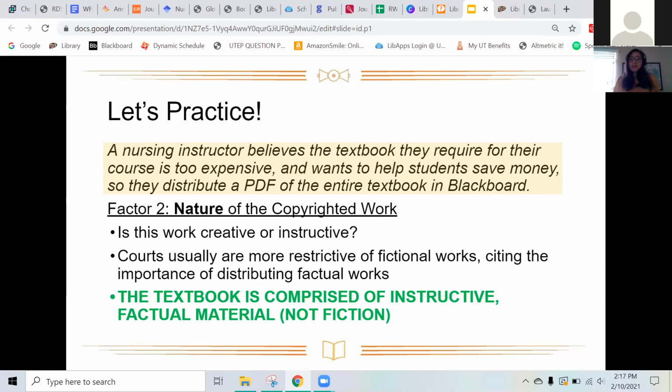So the textbook is comprised of instructive factual material. It's not fiction. It's not a wholly creative work. So it does probably meet factor number 2 reasonably well.